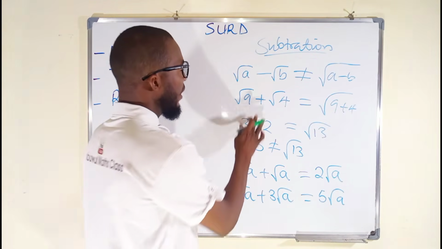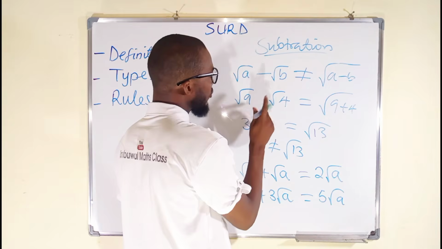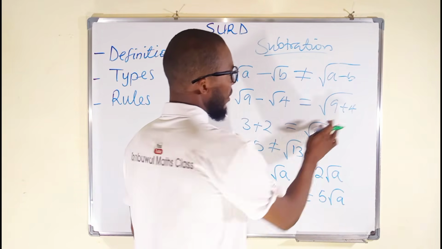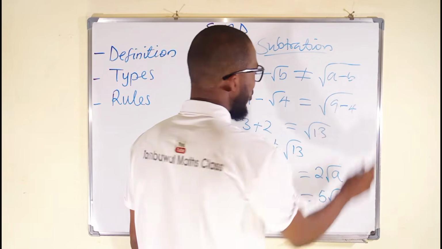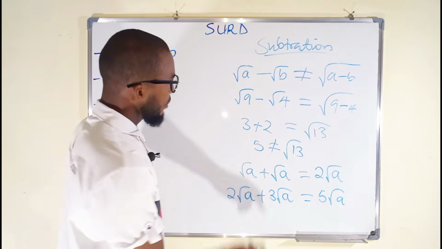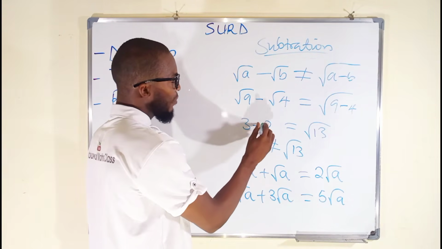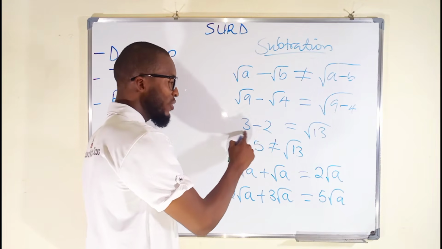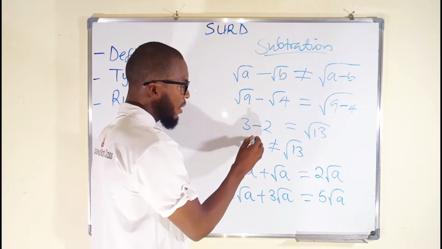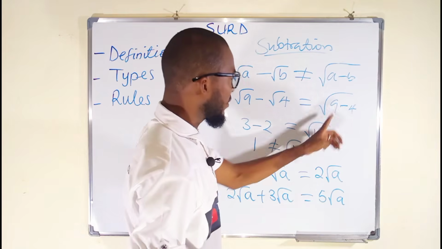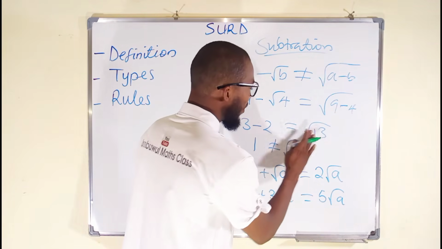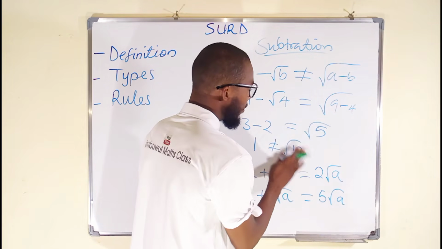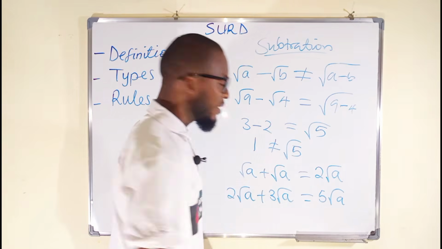Again, if we are subtracting, it is never the same as, say, square root of 9 minus 4. Because here we have 3 minus 2, because square root of 9 is 3, square root of 4 is 2. 3 minus 2 is 1, and 1 is never the same thing as square root of 9 minus 4, which is root 5. They are never the same, please.